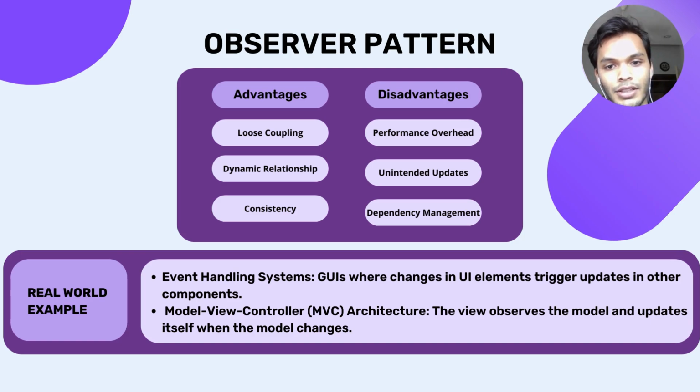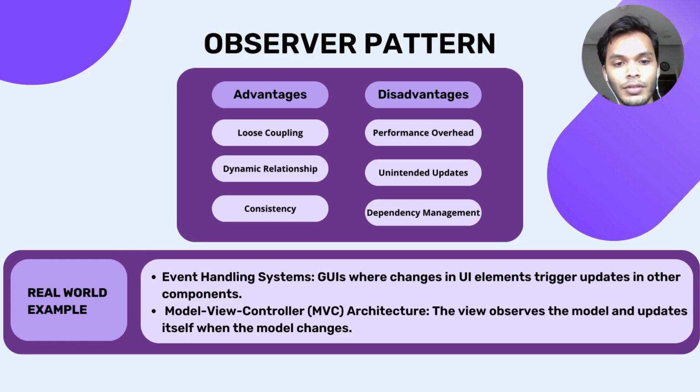And then dependency management. While the observer pattern reduces coupling between the subject and observers, it introduces dependencies between observers and the subject. If not managed carefully, this can lead to a complex web of dependencies that can be hard to track and maintain.